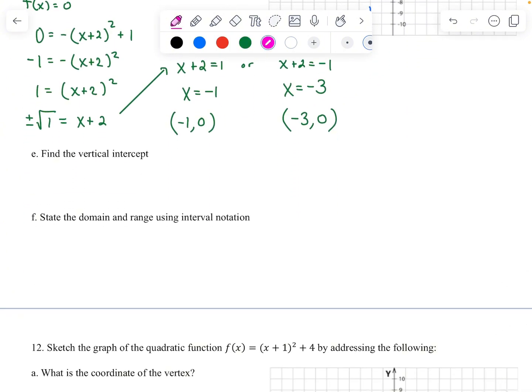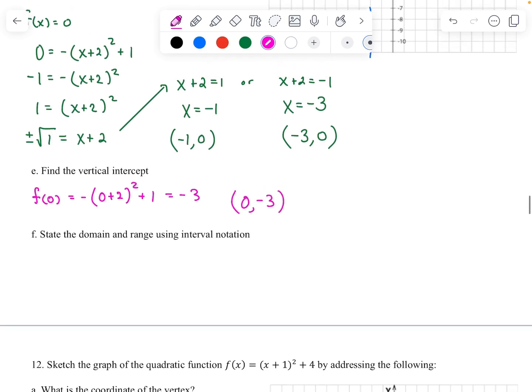Part E, find the vertical intercept. Recall that all parabolas have a vertical intercept, and it can be found by evaluating f of 0. So this is equal to -1 times the quantity 0 plus 2 squared plus 1, which is going to equal -3. So the vertical intercept is (0, -3).